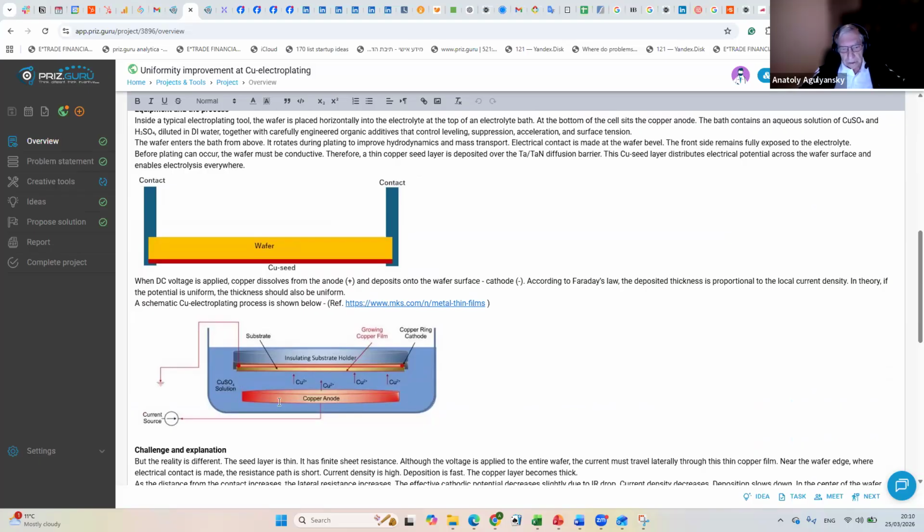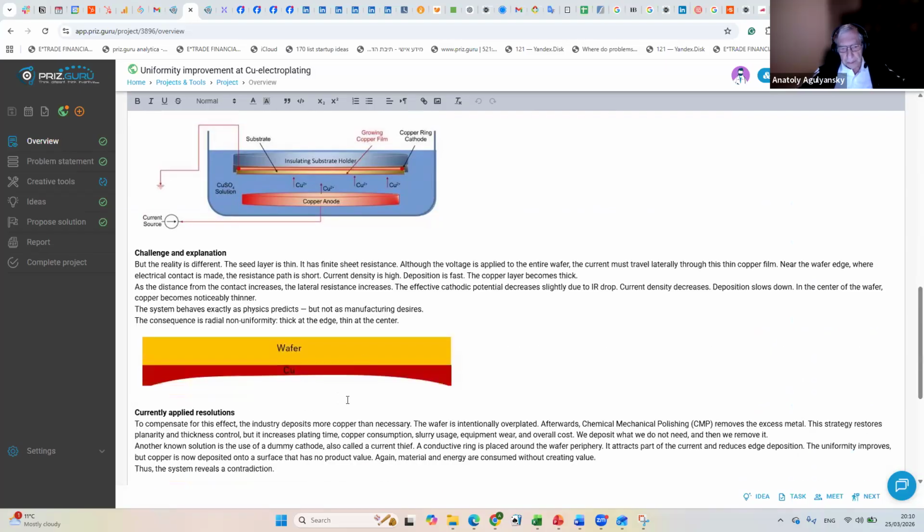And there is the anode, a huge anode made from copper, and we deposit copper. And this is what we typically get. The thickness of copper close to the contact, close to the bevel, is very high, and in the middle is much thinner.